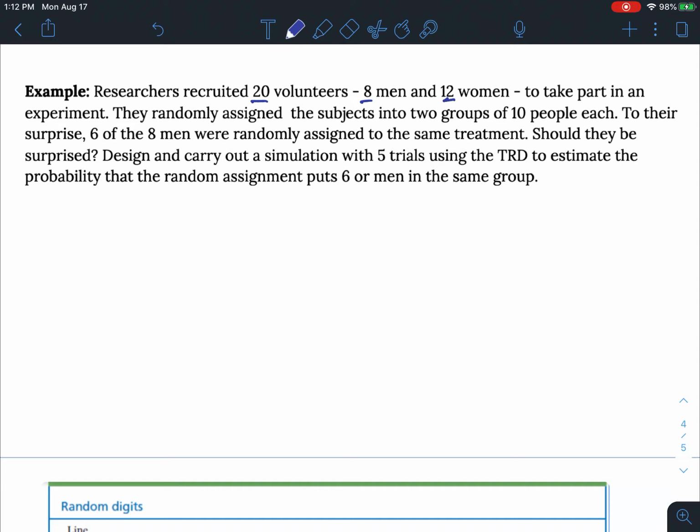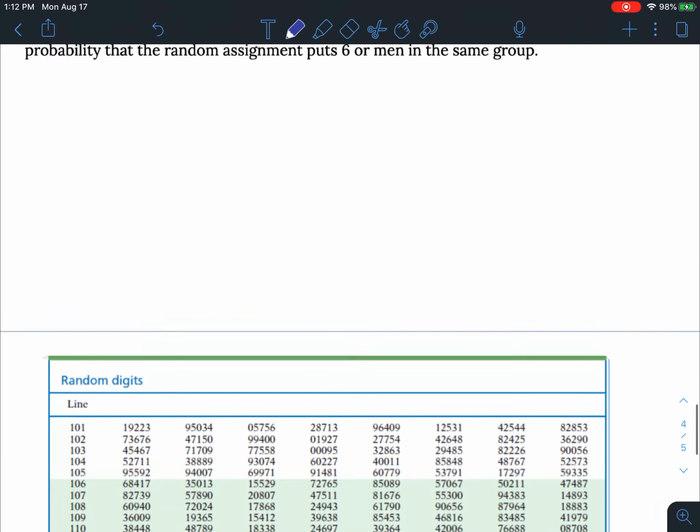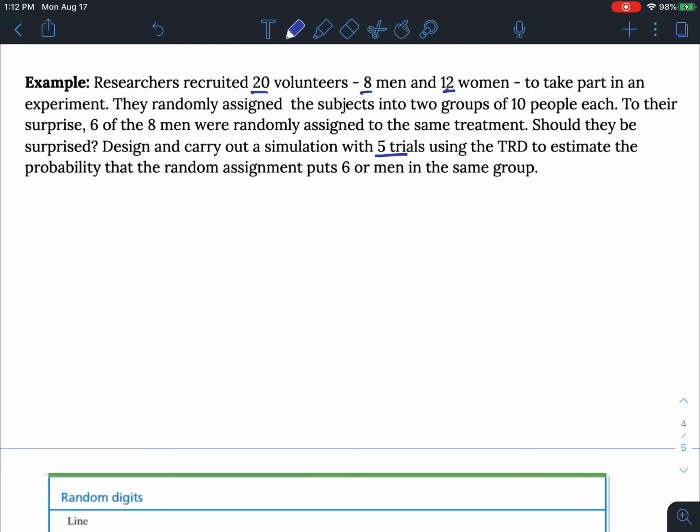They split them into 2 groups, 10 each, and they were surprised that in one of the groups, 6 of the 8 men were in that group. They were assigned to the same treatment. So should they be surprised? Let's simulate it. It says to do 5 trials, and use the table of random digits to estimate the probability. Here's our question. Estimate the probability that the random assignment puts 6 or more men in the same group.